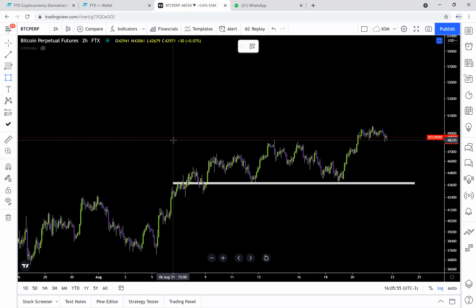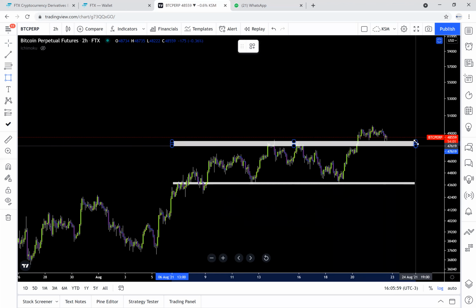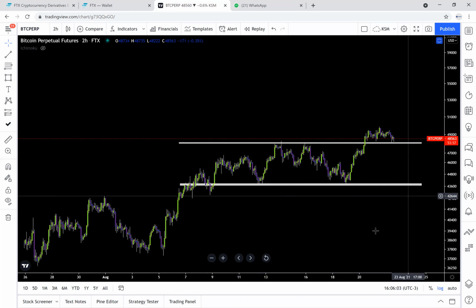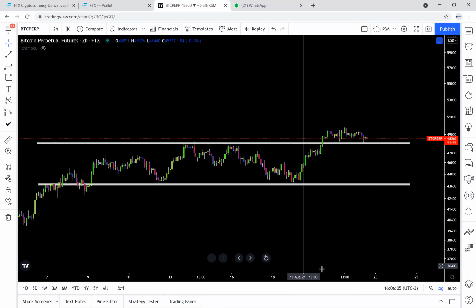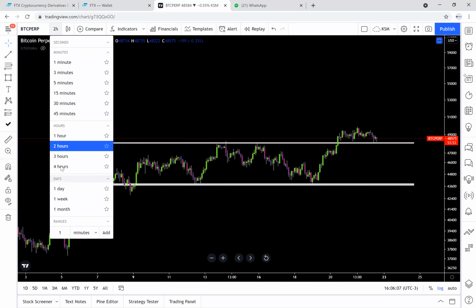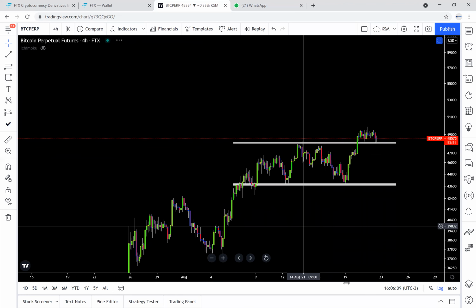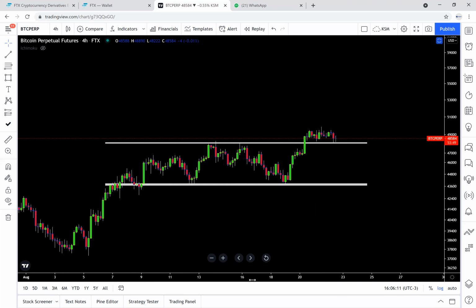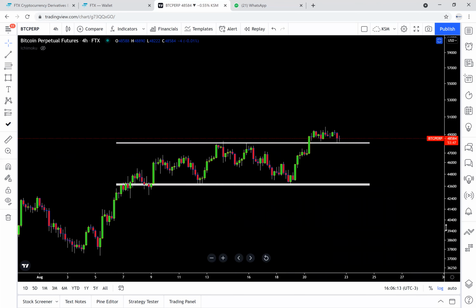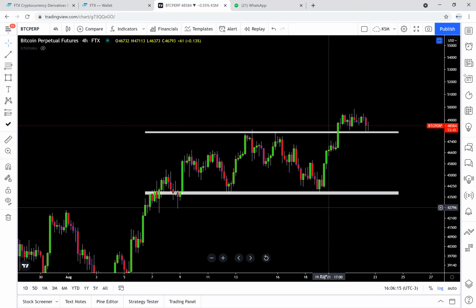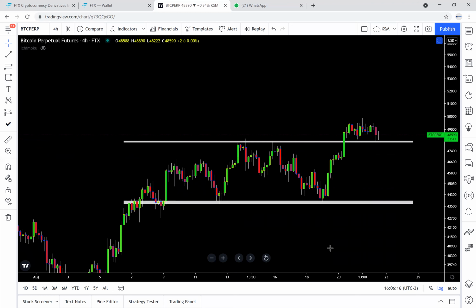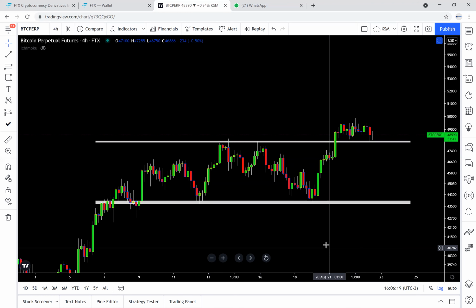So this is what I'm personally paying attention to, which is very important here. Let me look at the 4 hour time frame, it is a little bit clearer. So here, pay attention to this.